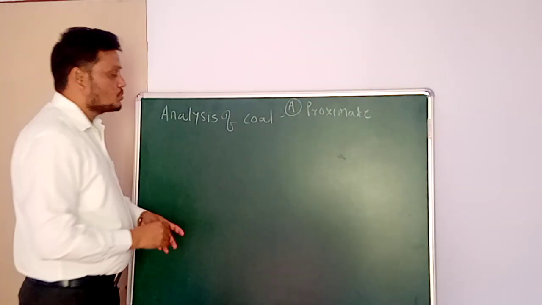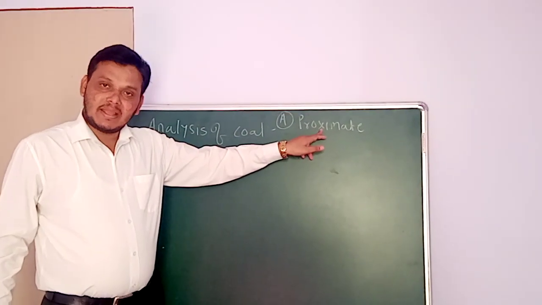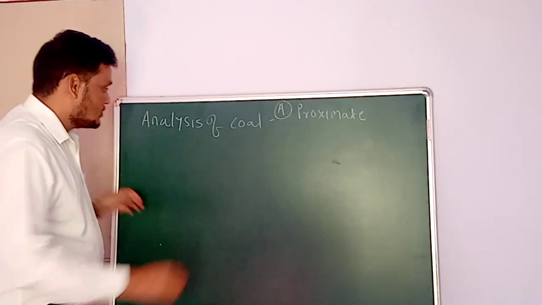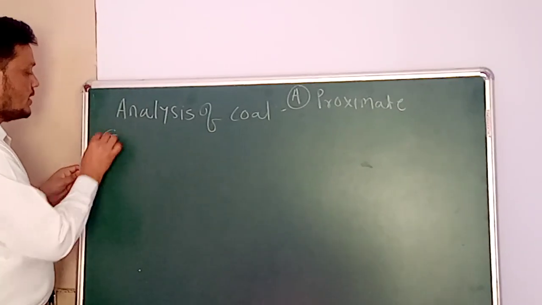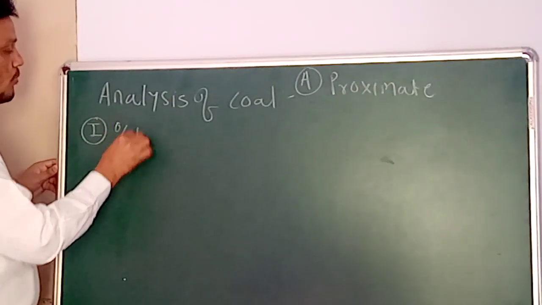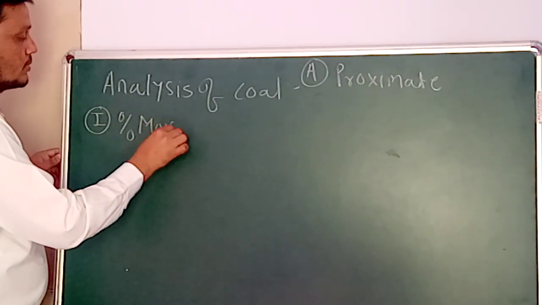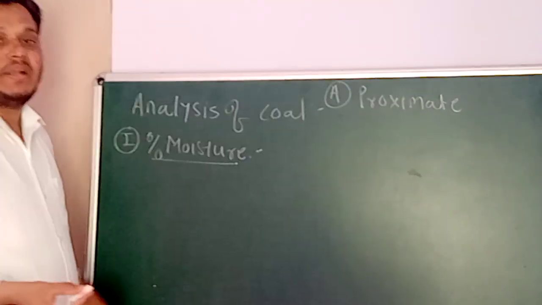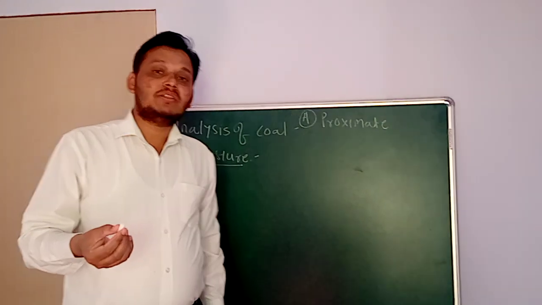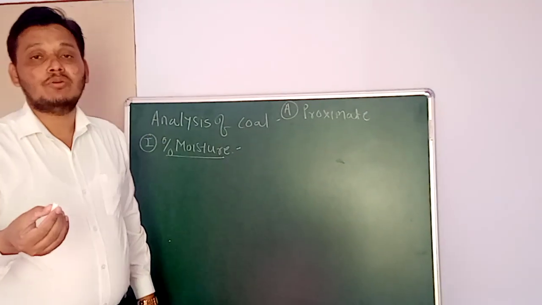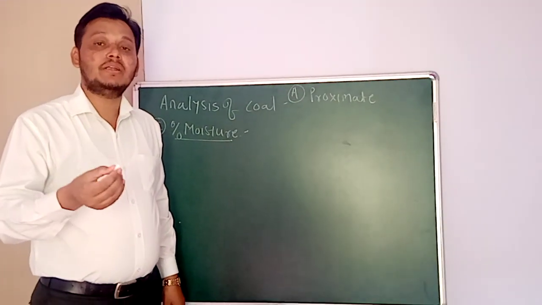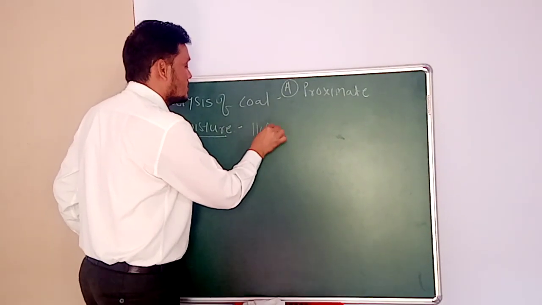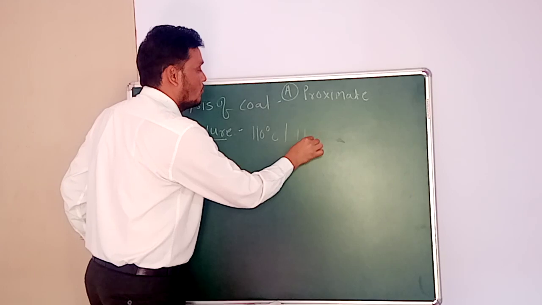This proximate analysis can determine the various constituents present in the coal sample. The first constituent is percentage of moisture. How can we determine it? A known quantity of coal sample is heated in an oven at 110 degrees Celsius for 1 hour.